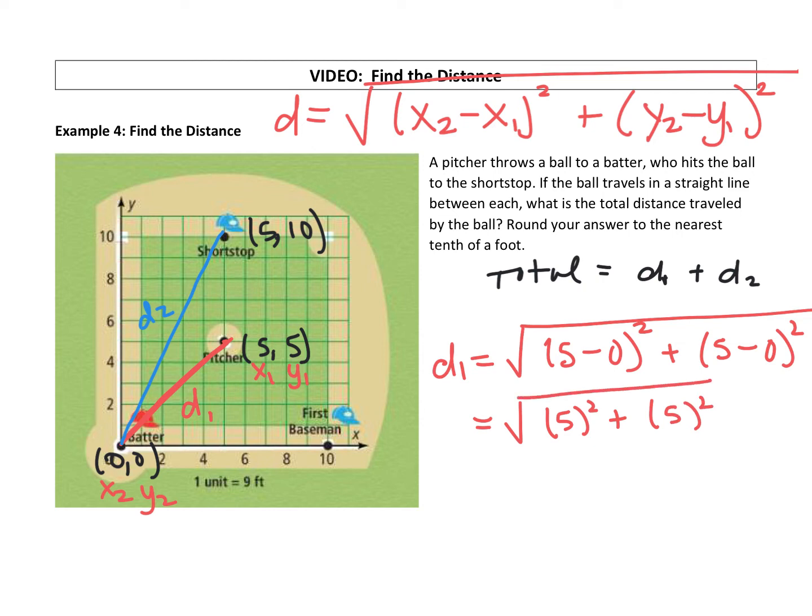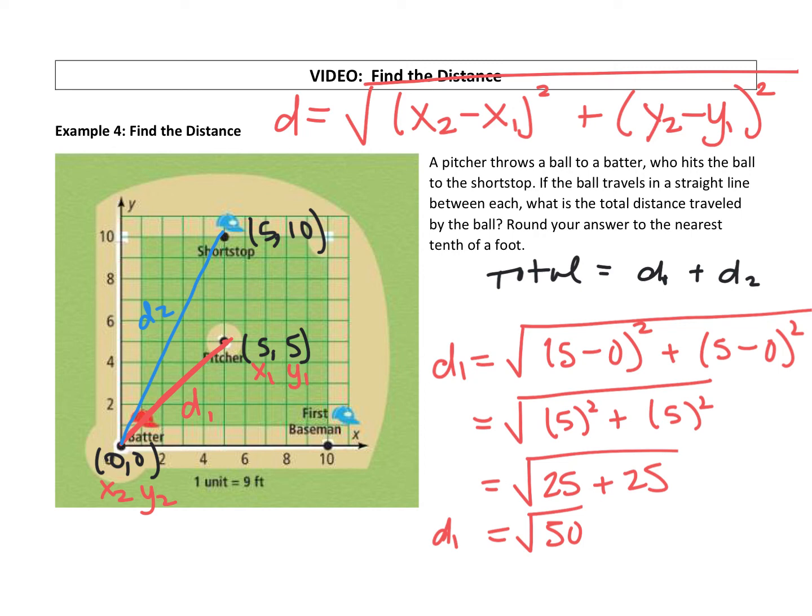So we did our subtraction first. Now we'll go ahead and do the squaring. 5 squared is 25, plus that 5 squared is 25. And then we get the square root of 50. They said our final answer can be rounded to the nearest tenth. Well, we'll do that in a minute. Okay, so there's our first distance, square root of 50.